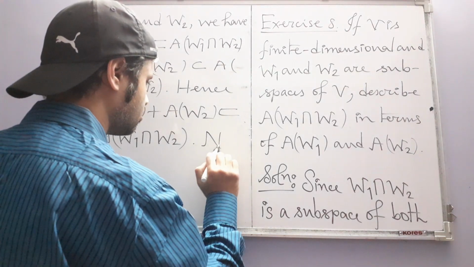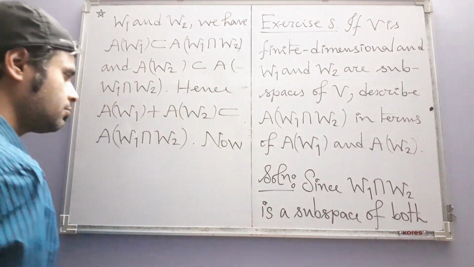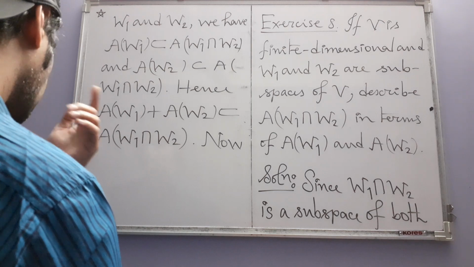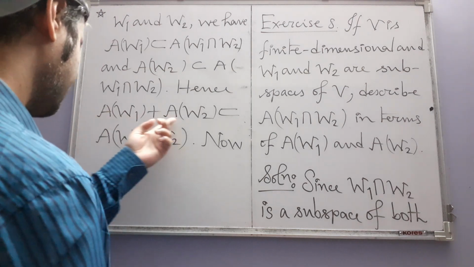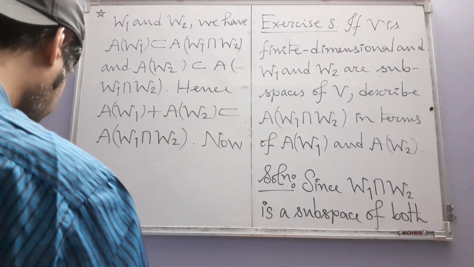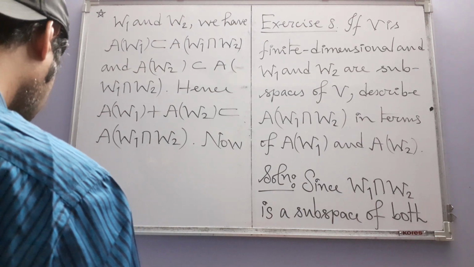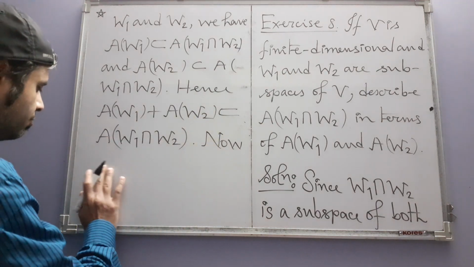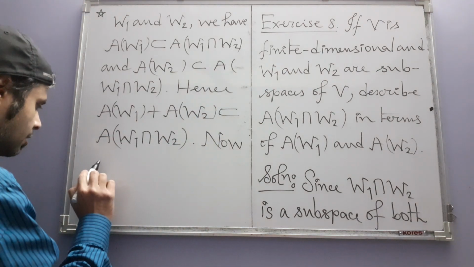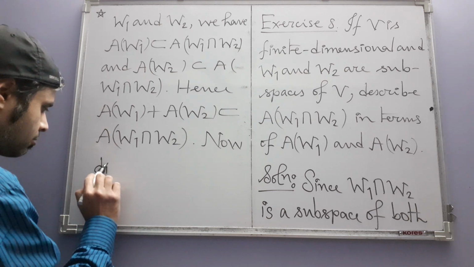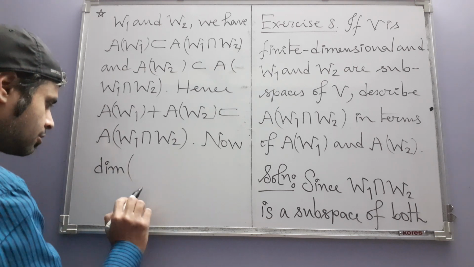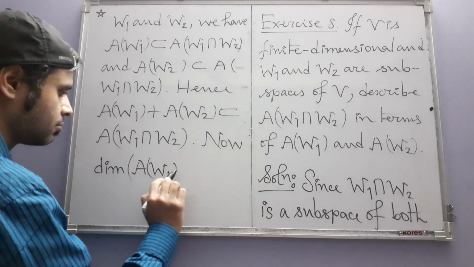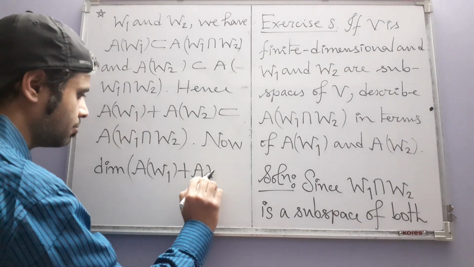Now, we start our calculation by considering the dimension of this one. We can, however, if we want, consider the dimension of this one also, but let's just go the way I have gone here. Now, the dimension of A of W1 plus A of W2.